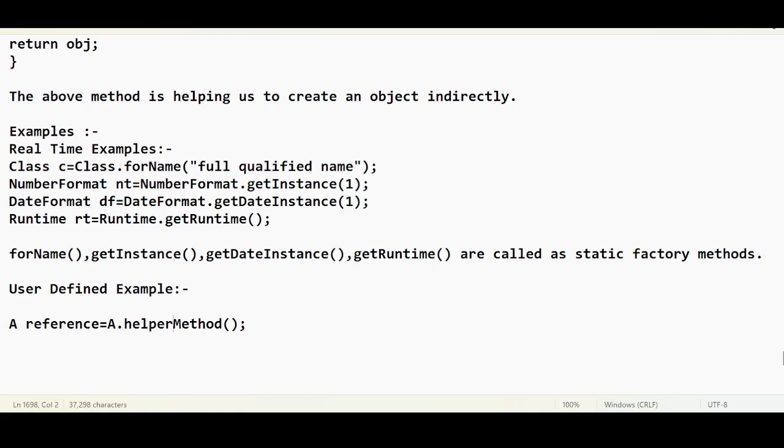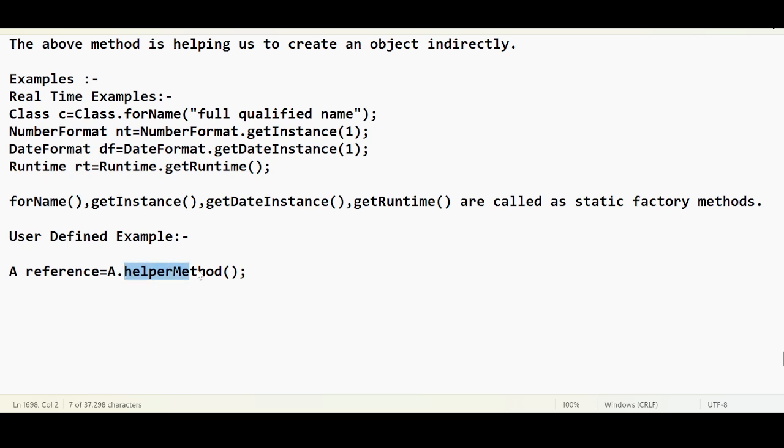So this is our own static factory method, helper method. We design it, you can keep any name, depends upon your requirement. It's called a user defined helper, user defined static factory method.